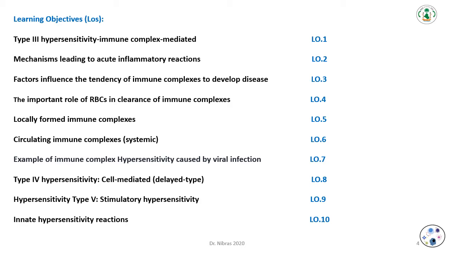Example of immune complex hypersensitivity caused by viral infection, type 4 hypersensitivity, cell-mediated delayed type, and hypersensitivity type 5, stimulatory hypersensitivity, and innate hypersensitivity reaction.